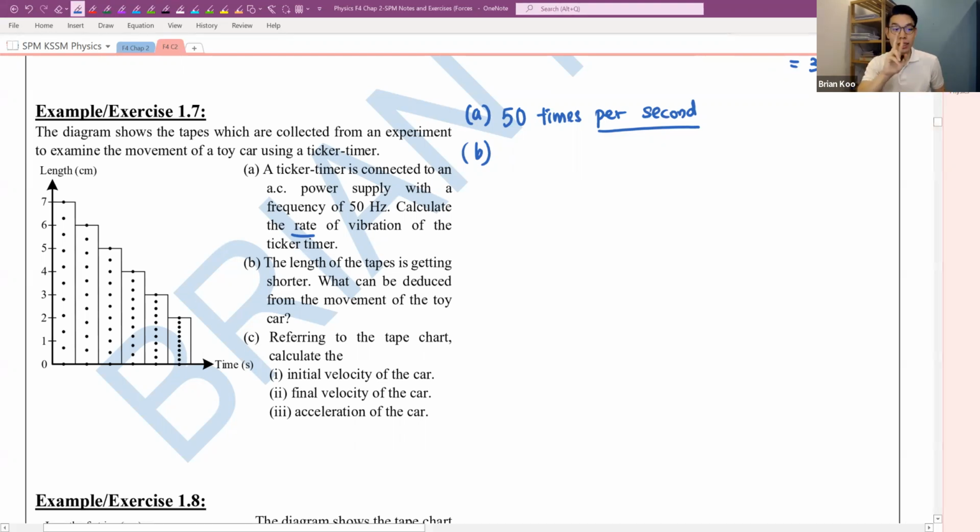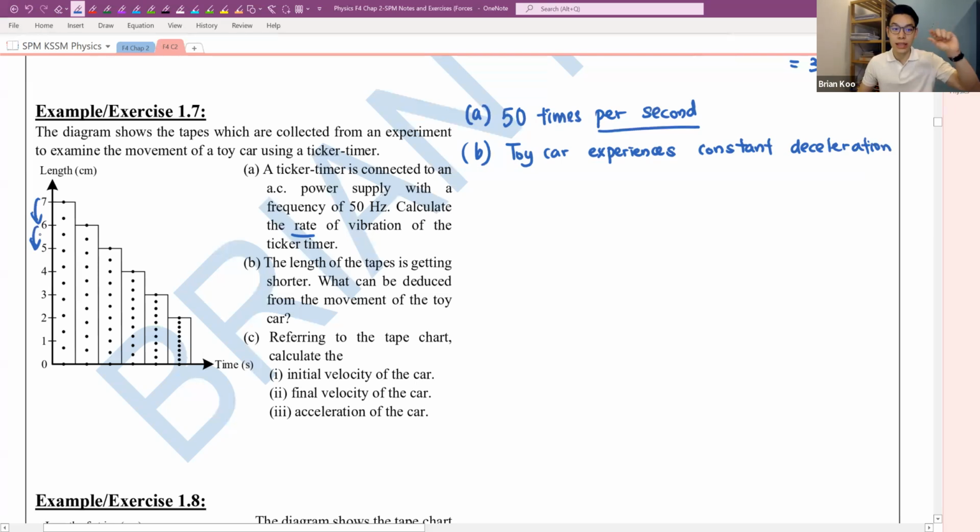So you have two answers. If you want to write a full sentence, then: the toy car experiences constant deceleration. How do I know it's constant? Because each one here is minus 5 cm, minus 5 cm.